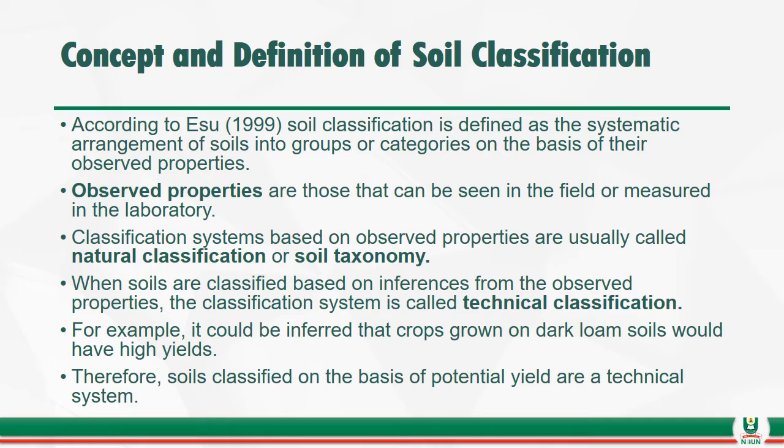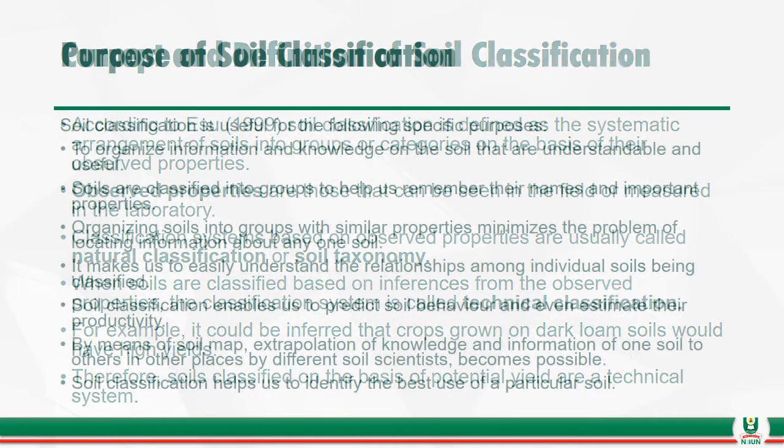When soils are classified based on inferences from the observed properties, the classification system is called technical classification. An example: it could be inferred that crops grown on dark loam soil would have high yield. Therefore, soil classified on the basis of potential yield is technical.